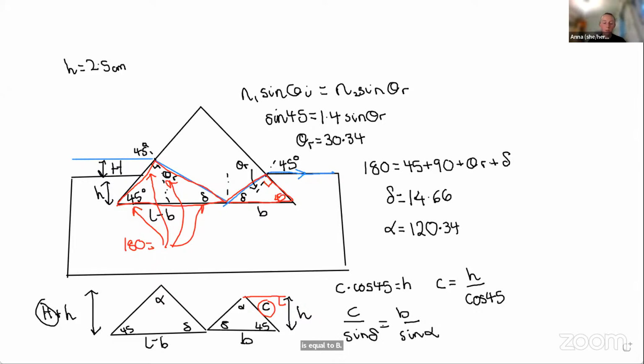If I just move all of our bases to the other side, we'll then find that B is equal to sine alpha, which is 120.34, times C, which is H over cos 45, times sine delta, which is, where's it gone? 14.6.